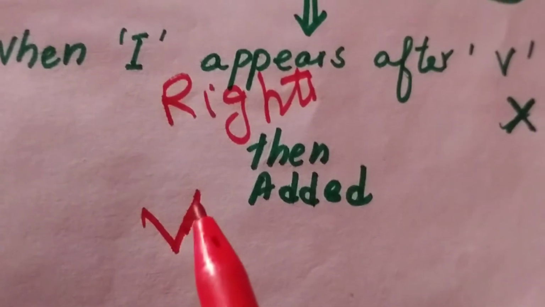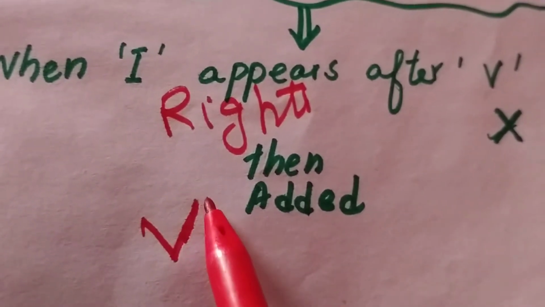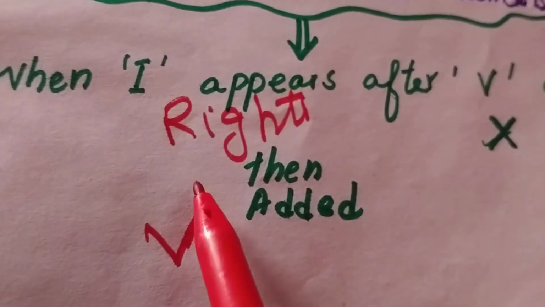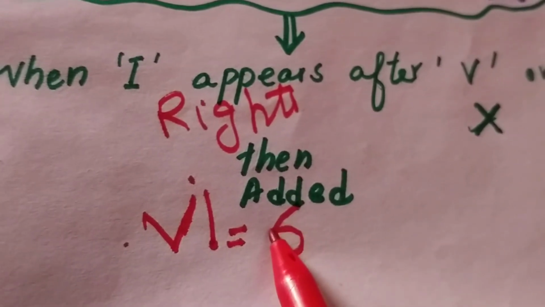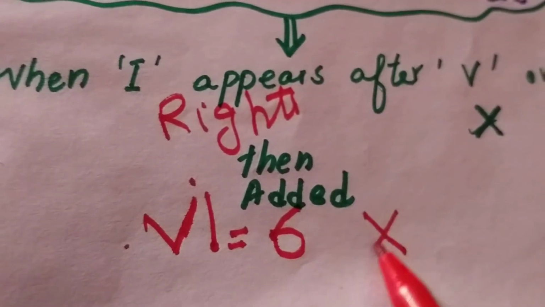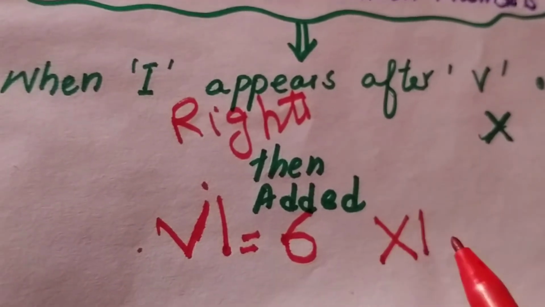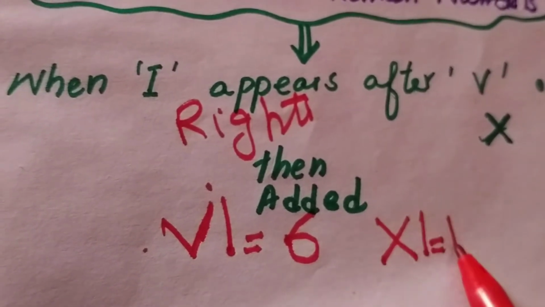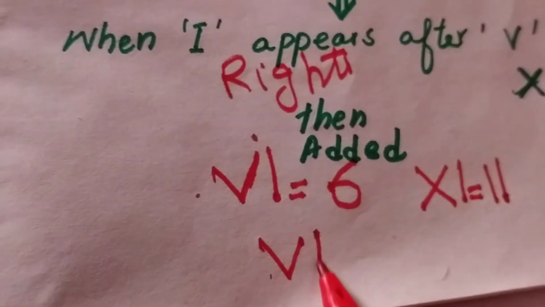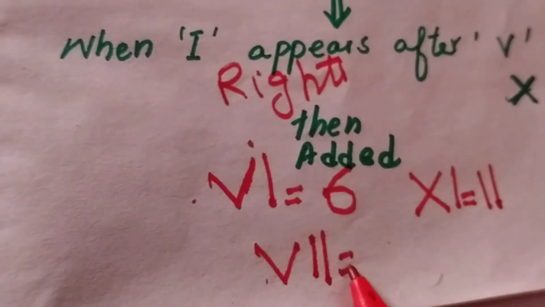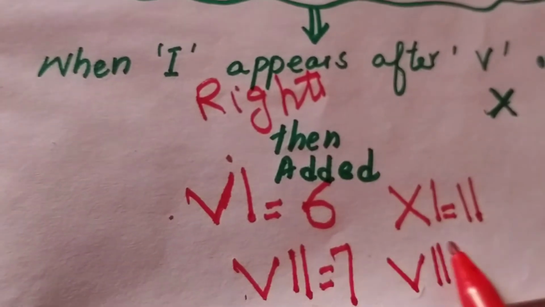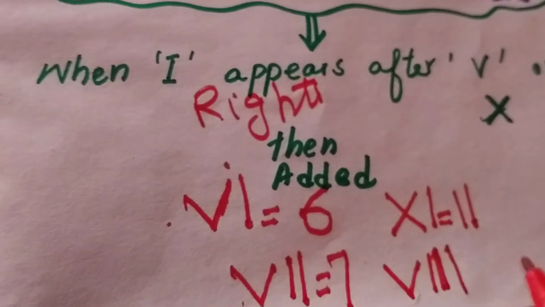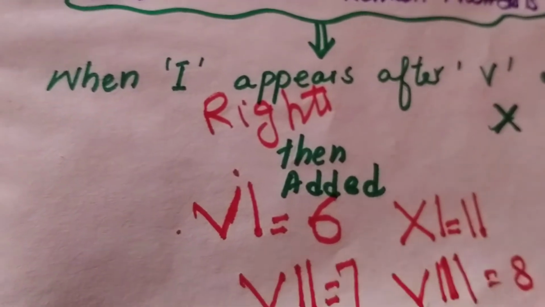5, with 1 appearing on the right side, is equal to 6. X, with 1 on the right side, is 11.